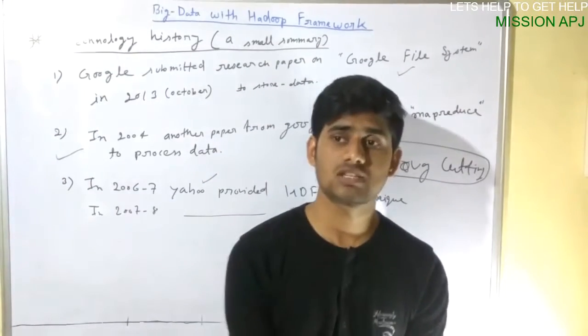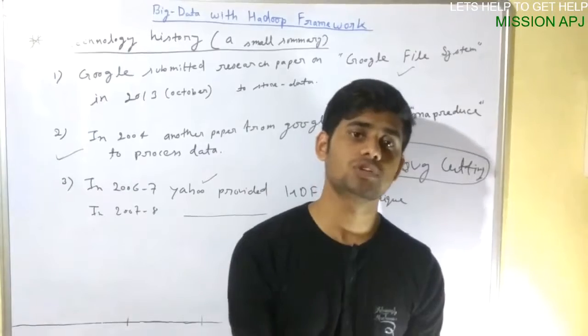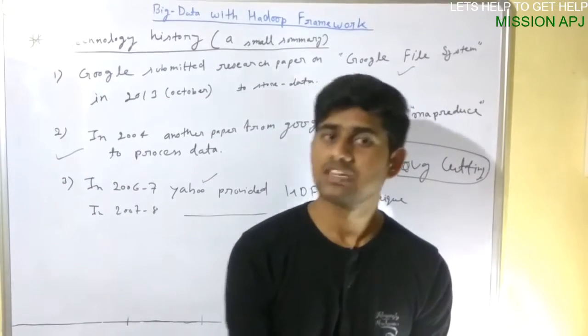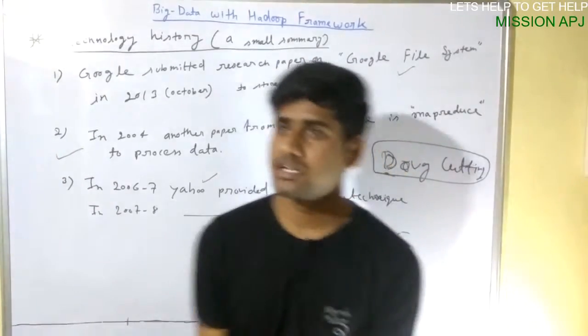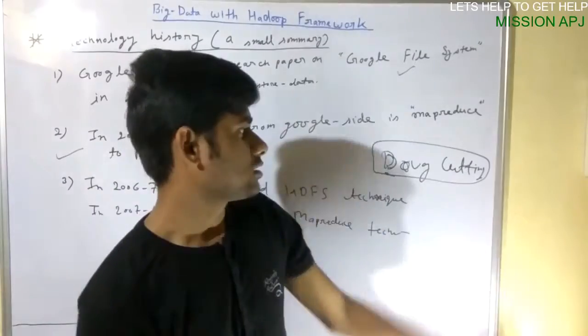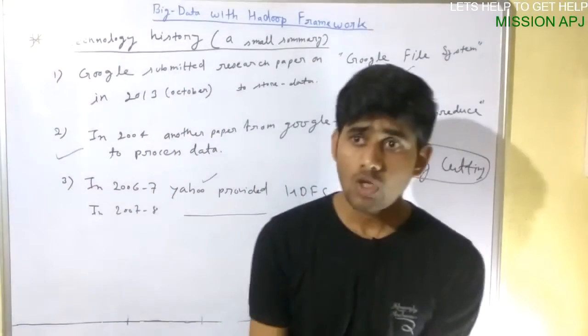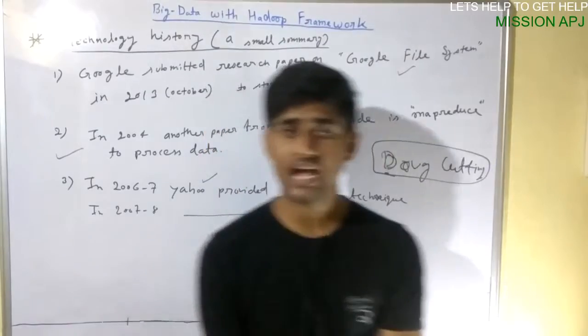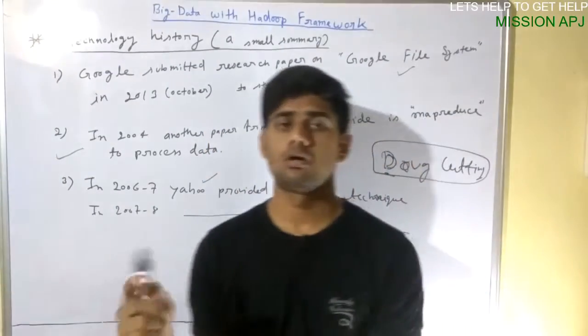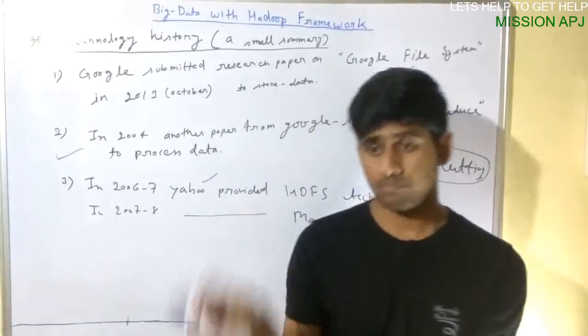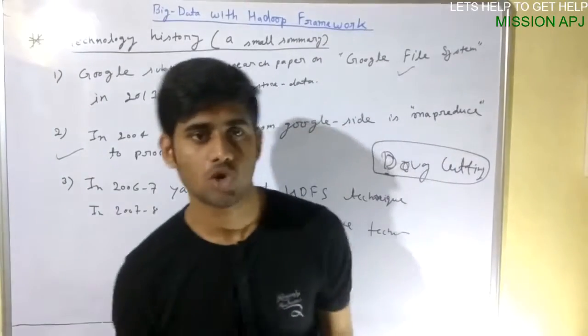Now, it is a very interesting story how the Hadoop symbol, the elephant, came into play. Doug Cutting was the man who was watching his child playing with an elephant toy.